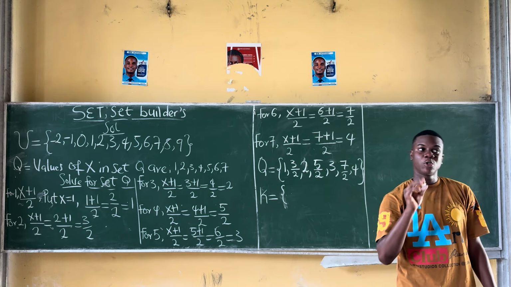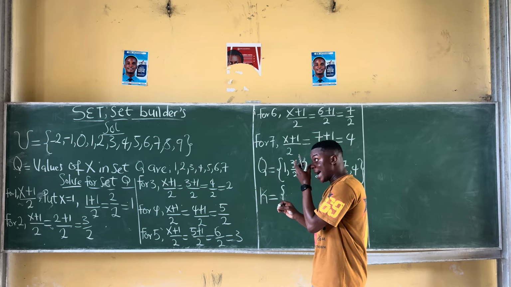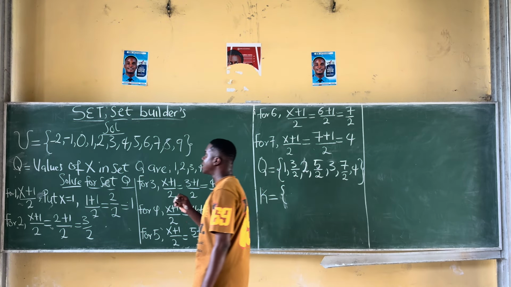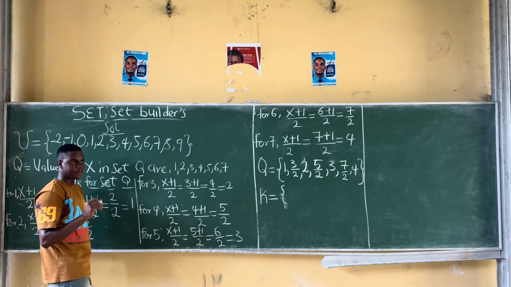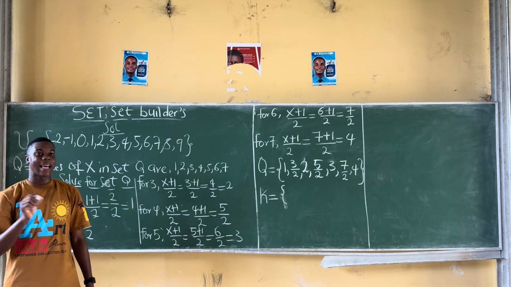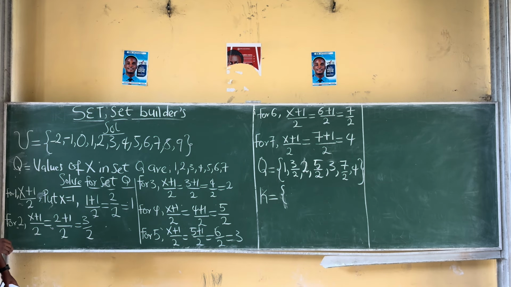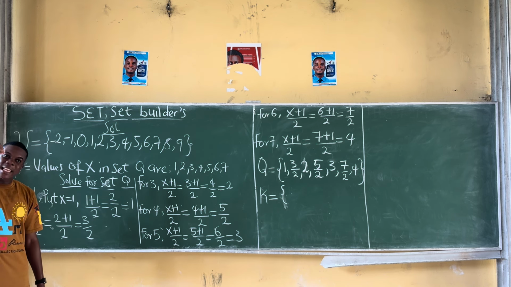But remember that we said Q and K are all elements of U, and U ranges from -2 to 9, right? 9 is less than 10. Since K is an element of U, which is the universal set, and they say for K that x is an even number less than 10.